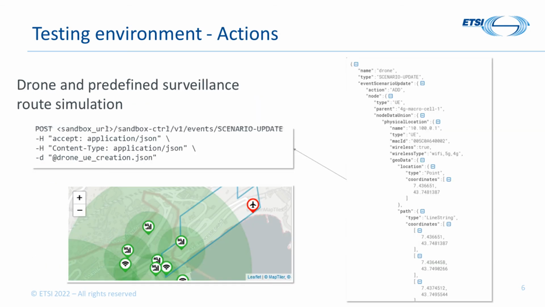The first action was to create a drone in the sandbox, defining the initial location, the coordinates that it would follow during the flight, the velocity, etc. Then, the next action was the intentional selection of a predefined path for the drone to pass through different coverage areas: Wi-Fi, 4G, 5G, even areas without coverage.